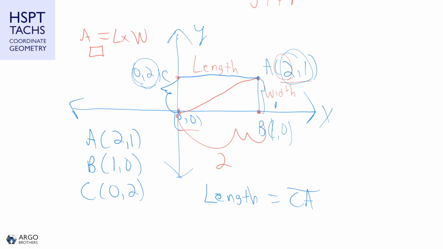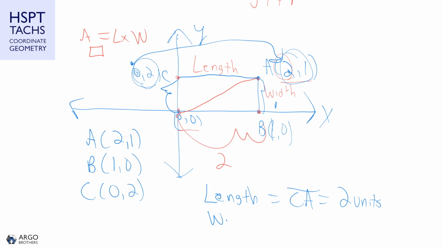And that horizontal distance is the 2 minus the 0, okay? So this is where we start and this is where we end. We take the x components and subtract them. So the final x value minus the initial x value. So that would be 2 minus 0, which is 2 units.